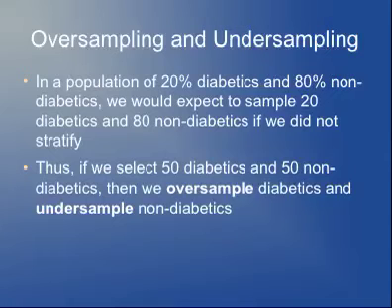So if we instead select 50 diabetics and 50 non-diabetics, you would say that we oversampled the diabetics and we undersampled the non-diabetics.